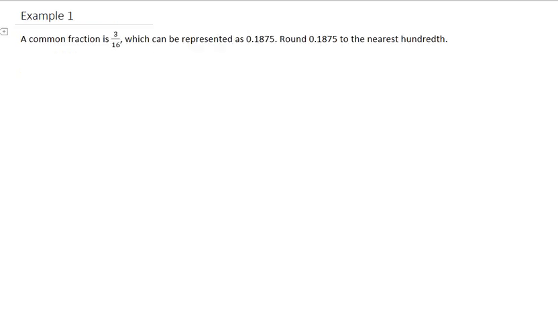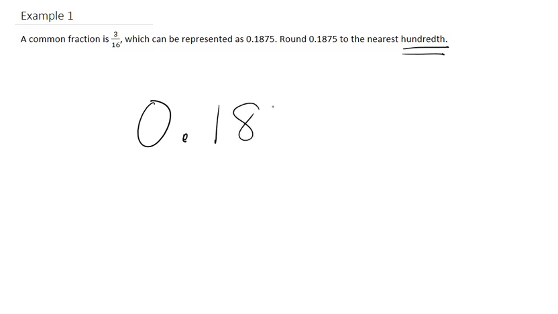Example 1. A common fraction is 3 over 16, or 3/16 as we say, which can be represented as 0.1875. Round 0.1875 to the nearest hundredth. So let's go ahead and write out our number, and let's walk through our place values in order to get to hundredths.